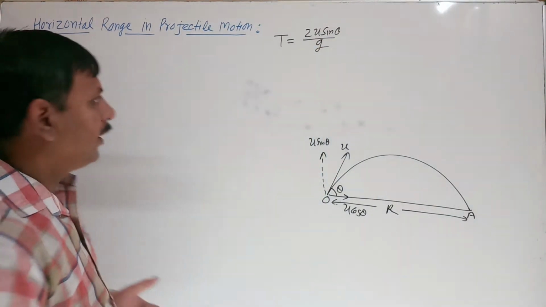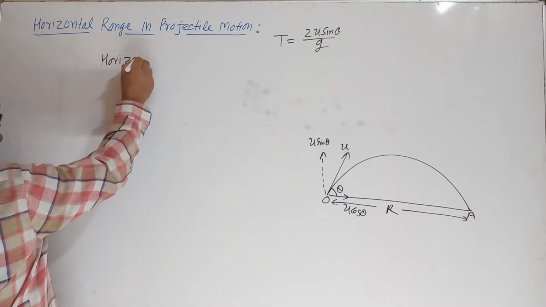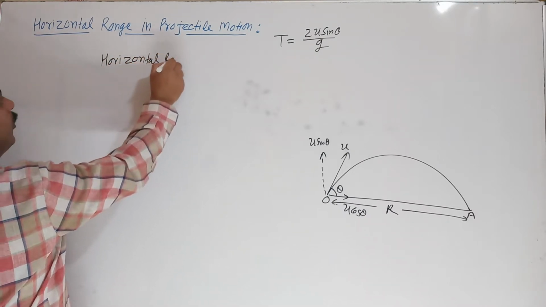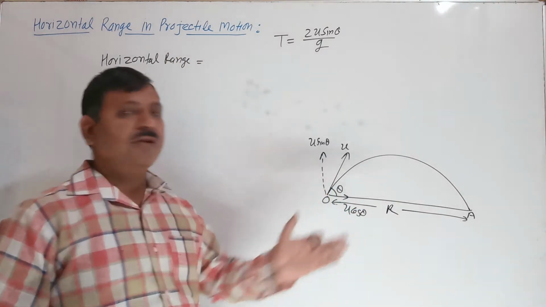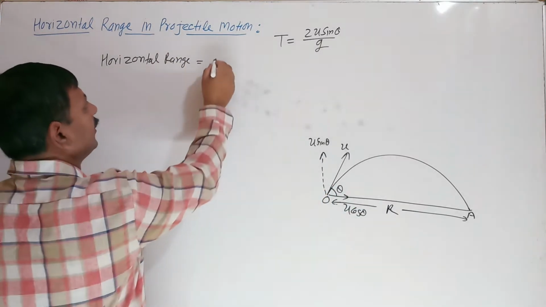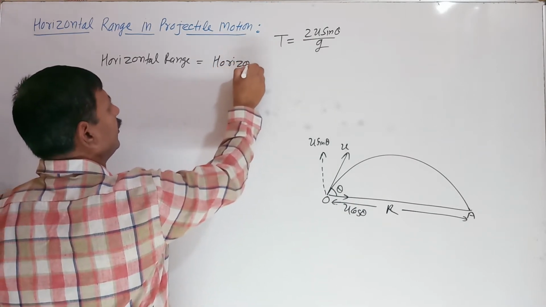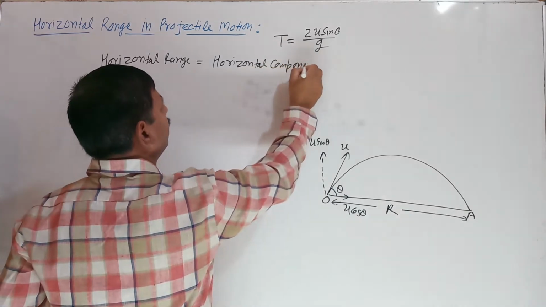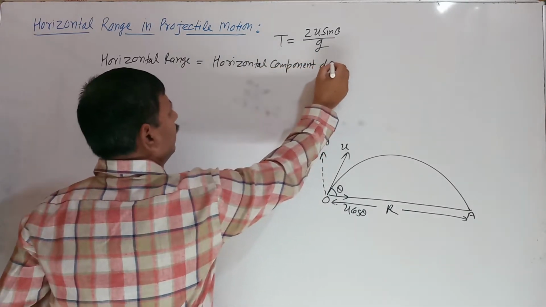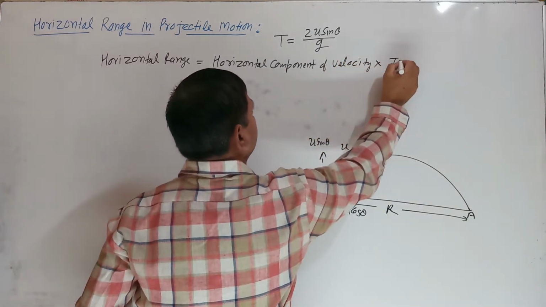What will be the horizontal range? Actually, the horizontal range is equal to the horizontal component of velocity into the time of flight, because no force is acting horizontally.